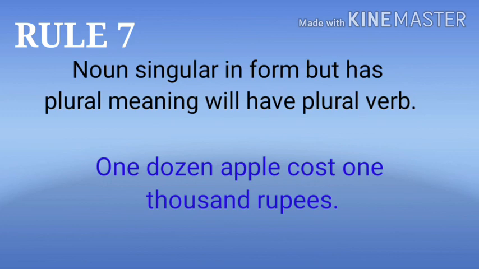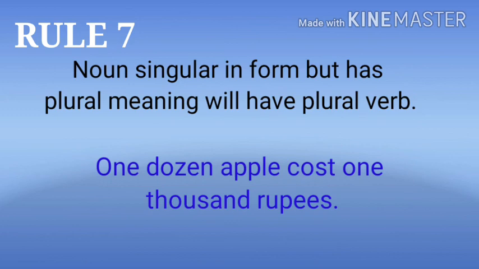In this example, we have the words "one dozen apple," that's our noun, and it shows that it is in a singular form, since we have the words "one" and "apple." But it has a plural meaning, since one dozen means 12 pieces.